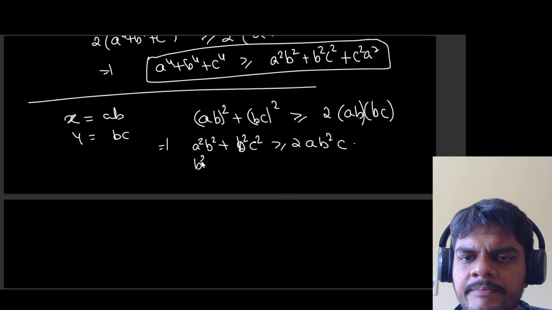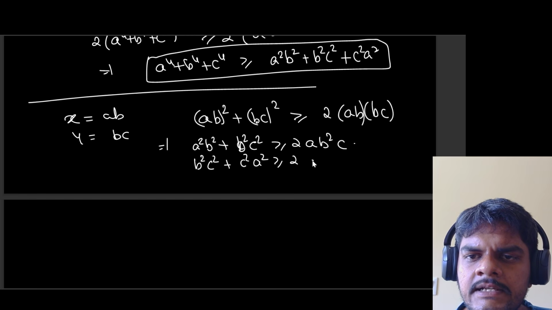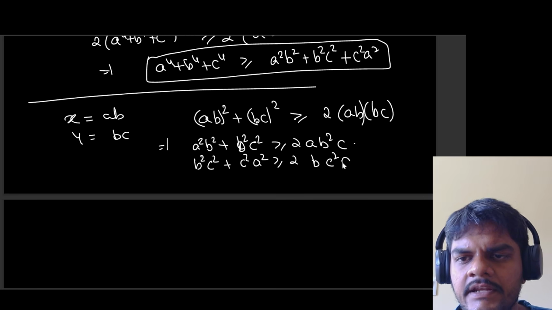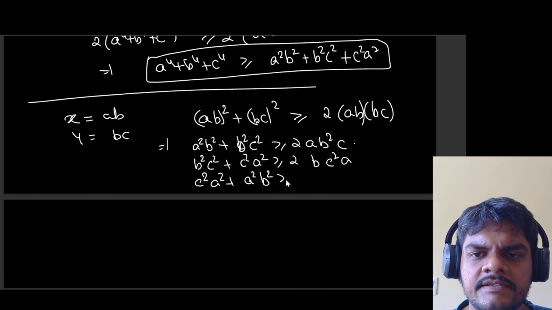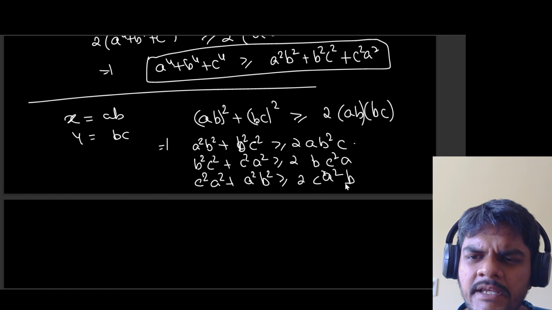You can get that for b square c square plus c square a square is greater than or equal to 2 b c square a. C square a square plus a square b square is greater than or equal to 2 c a square b.